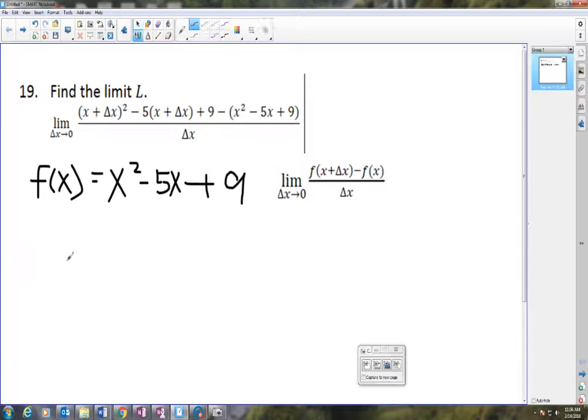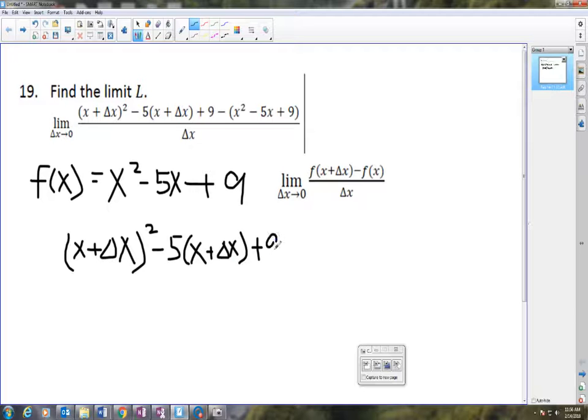So that will look like this: x plus delta x, the whole thing squared, minus 5 times x plus delta x, plus 9.